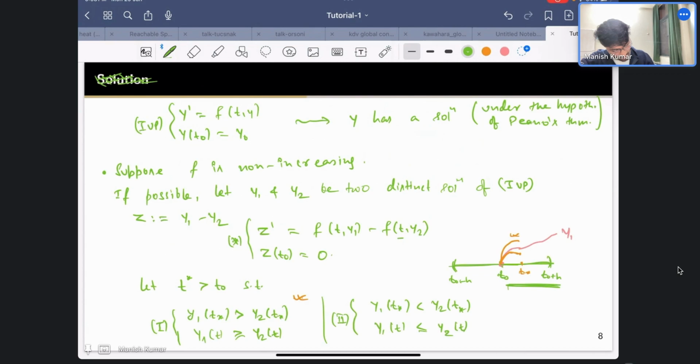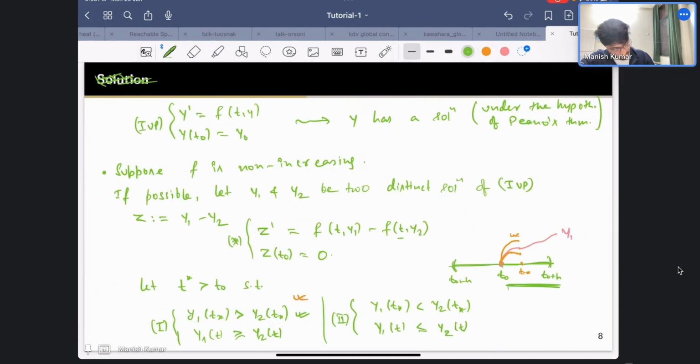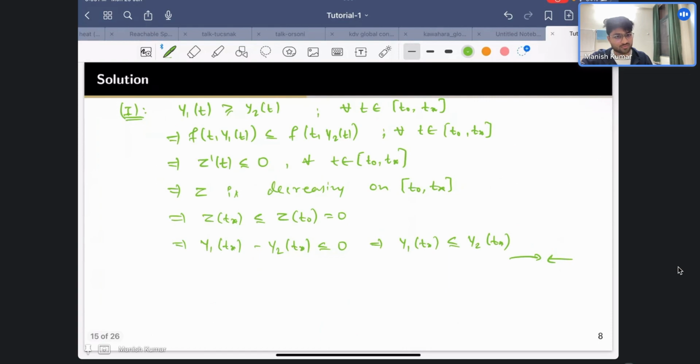And this is a contradiction to this fact. Here we assumed that the graph of y2 is always below the graph of y1, which is not true at t*, and this is a contradiction to this assumption. Is this fine?